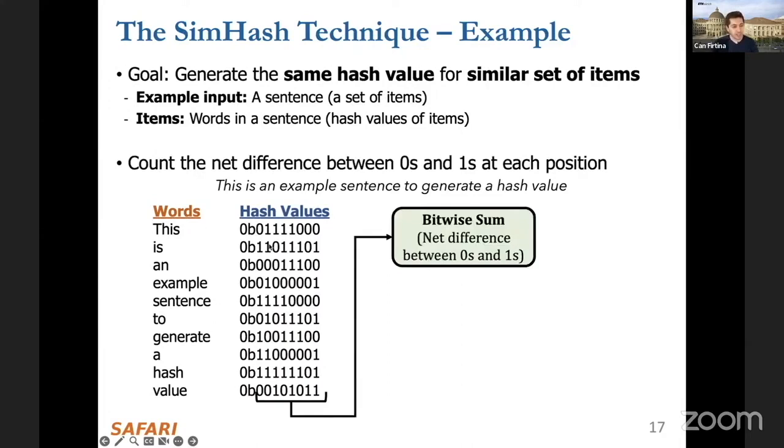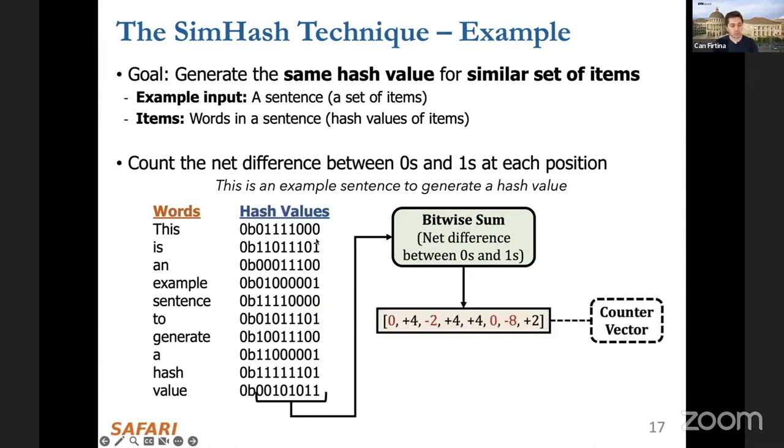So what we essentially do in the SimHash technique is we count the net difference between zeros and ones at each position of these hash values that are represented in their binary form. I'll basically show it with an example, how we count such net differences of zeros and ones. Here the zeros will be 0 bits and the ones would be the 1 bits.